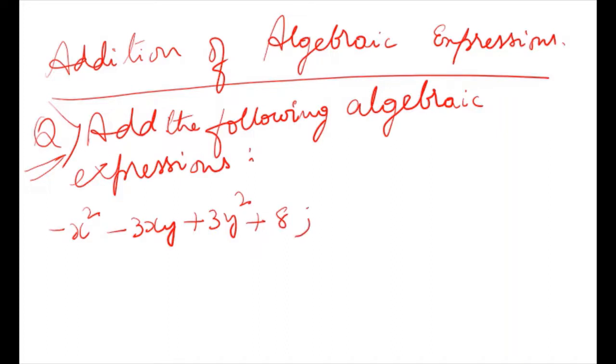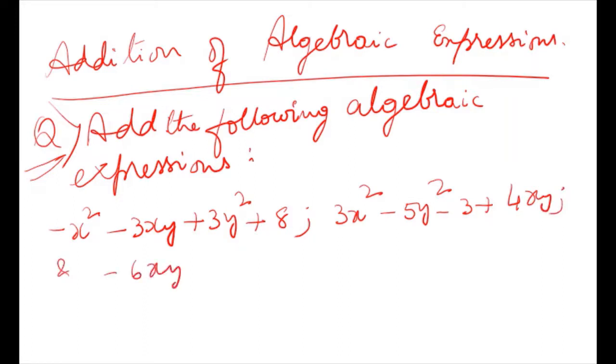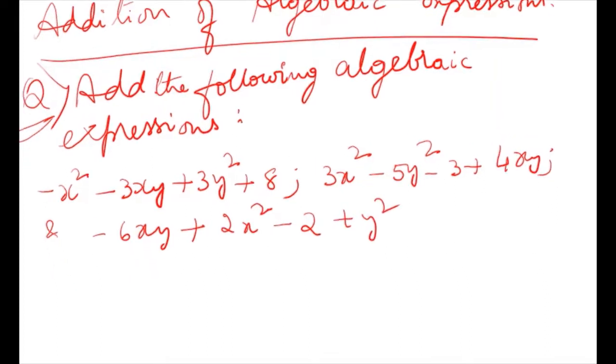This is one expression. The other expression is 3x square minus 5y square minus 3 plus 4xy, and the third expression is minus 6xy plus 2x square minus 2 plus y square. Okay. So we have to add these three algebraic expressions.